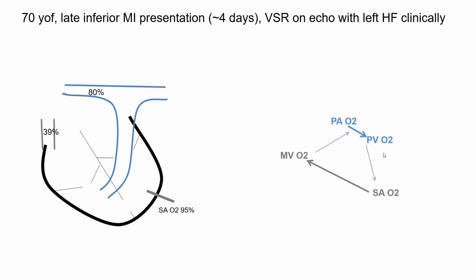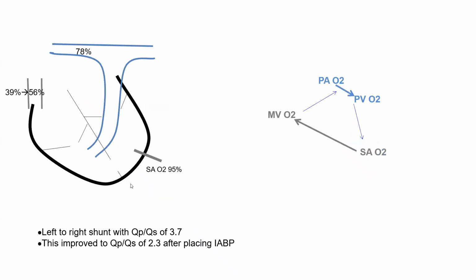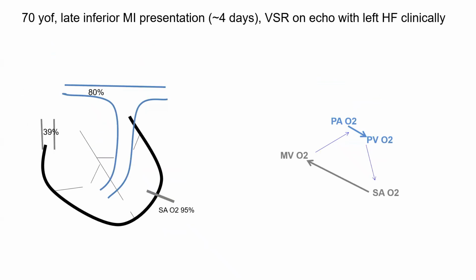Most likely the pulmonary venous O2 is the same as the arterial O2. So there is a significant left to right shunt, and the QP/QS here is 95 minus 39 divided by 95 minus 80, okay? And this amounts to a QP/QS of 3.7.